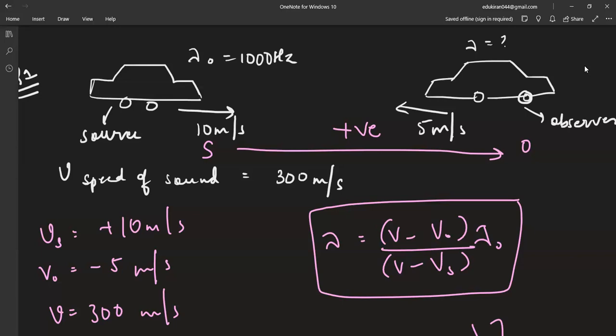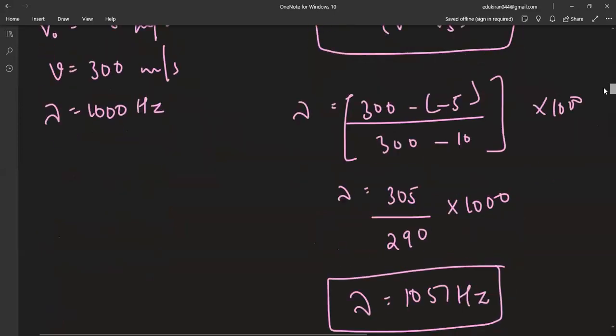Ma'am, the unit will be hertz, right? Yeah, the units will be hertz.